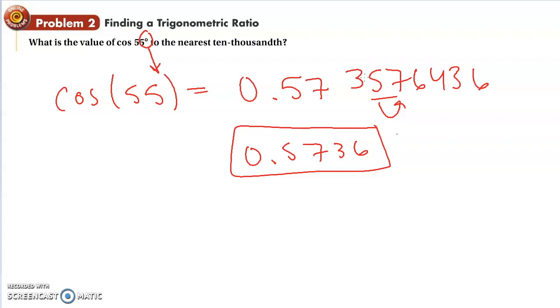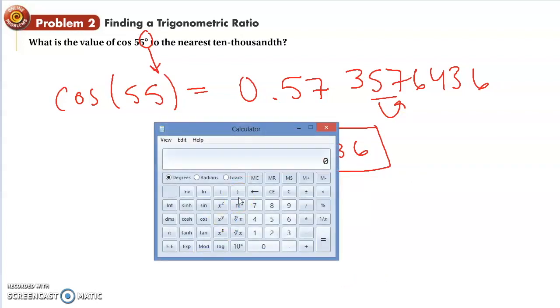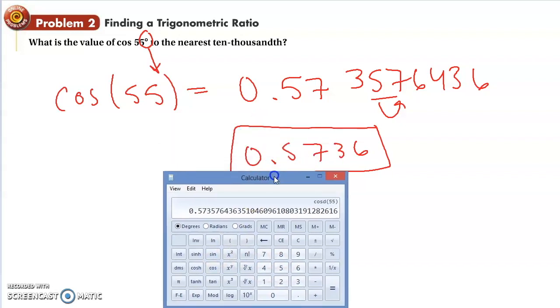Also, if you have a calculator that's not super fancy, it might look something like this, where it does have sine, cosine, or tangent. But when you have calculators like this, you're actually supposed to type in the degrees first and then the value. You notice that this is the same value as this one right here.